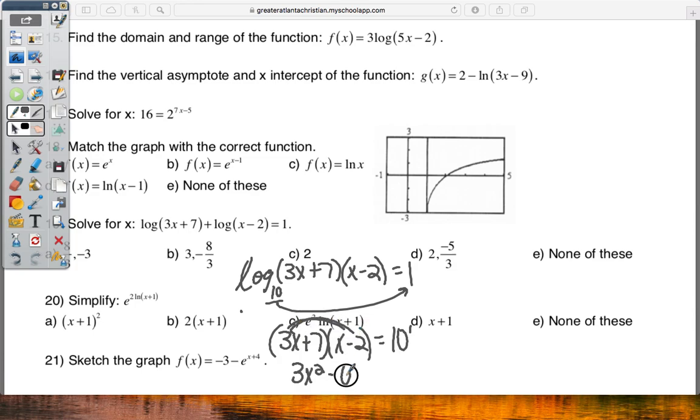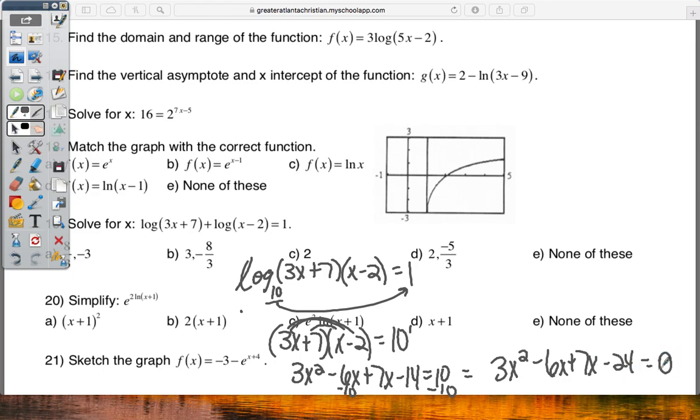We're just distributing, right? 7x minus 14 equals 10. What do I do now? I could, absolutely could. I would say move everything to the left, mainly because this is x squared. Cool? So we're going to subtract by 10. Subtract by 10. So this would be 3x squared minus 6x plus 7x minus 24 equals 0.